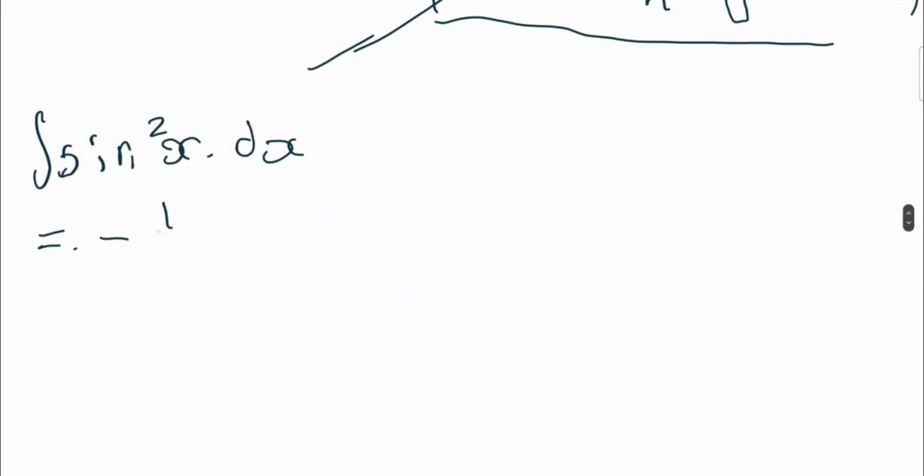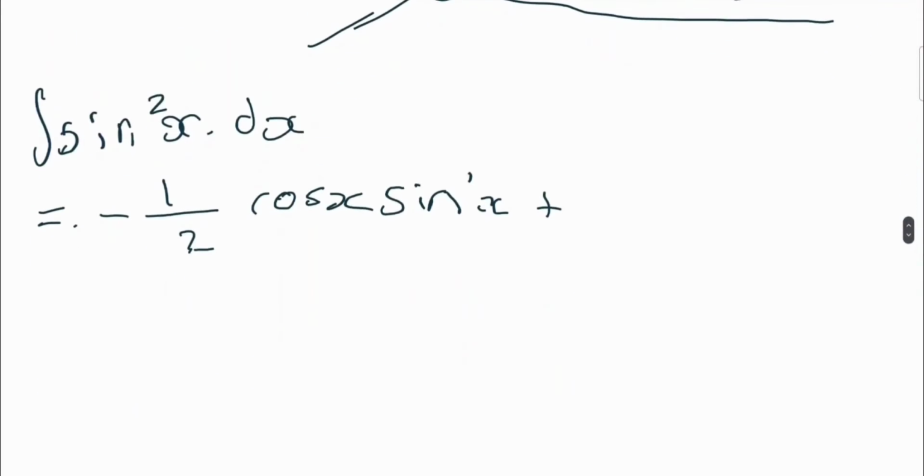negative 1 over 2 cosine x sine of 1x plus n minus 1, which is going to be 1, over n, which is 2, and the integral of sine to the n minus 2. In this case, n is 2, so it's sine to the power of 0, which is 1, as it is a positive.